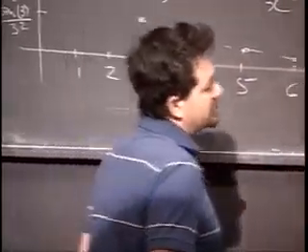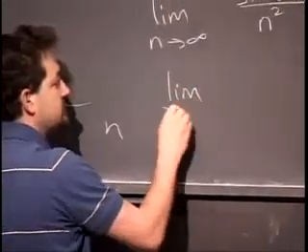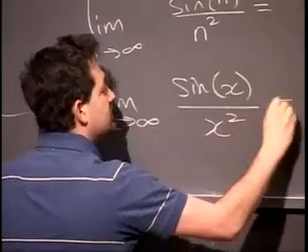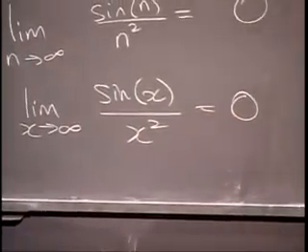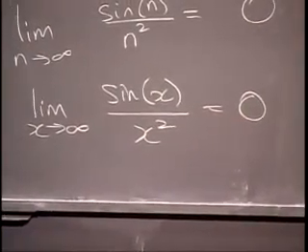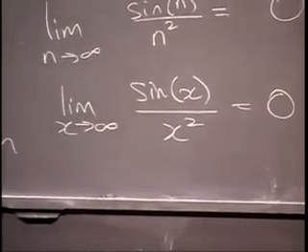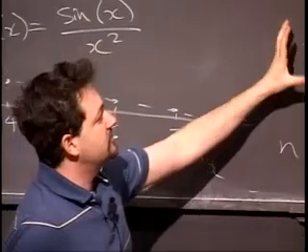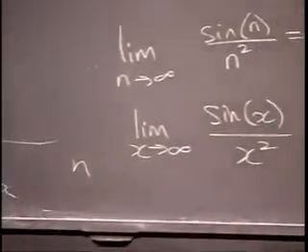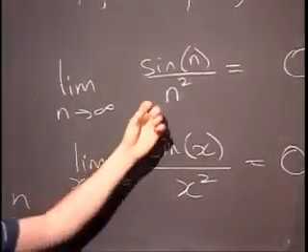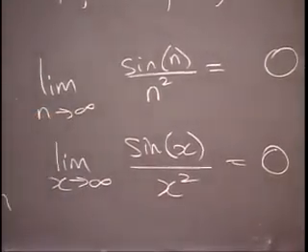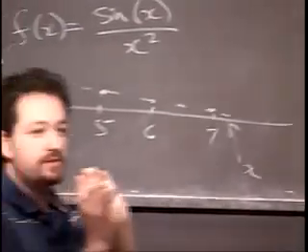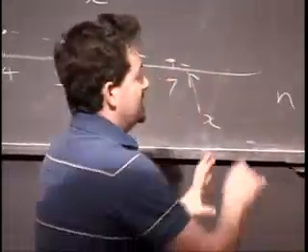Well, this is very similar to this sort of statement: the limit as x goes to infinity of sine x over x squared is 0. This one we've already looked at, we already understand. The only difference between this and this is that in this case, it has to be clear that we're in the context of a sequence, and n just goes up to infinity via 1, 2, 3, 4, 5, 6, and not via one of the smooth sort of transitions.